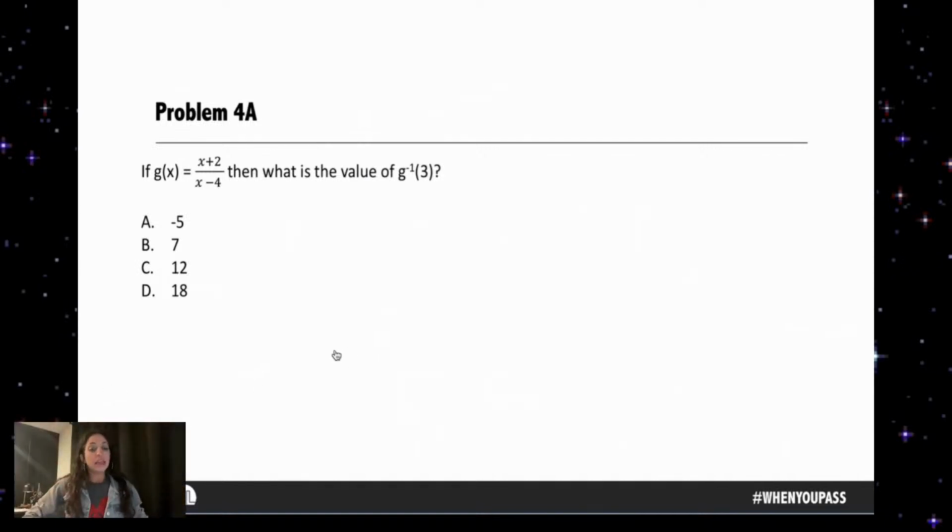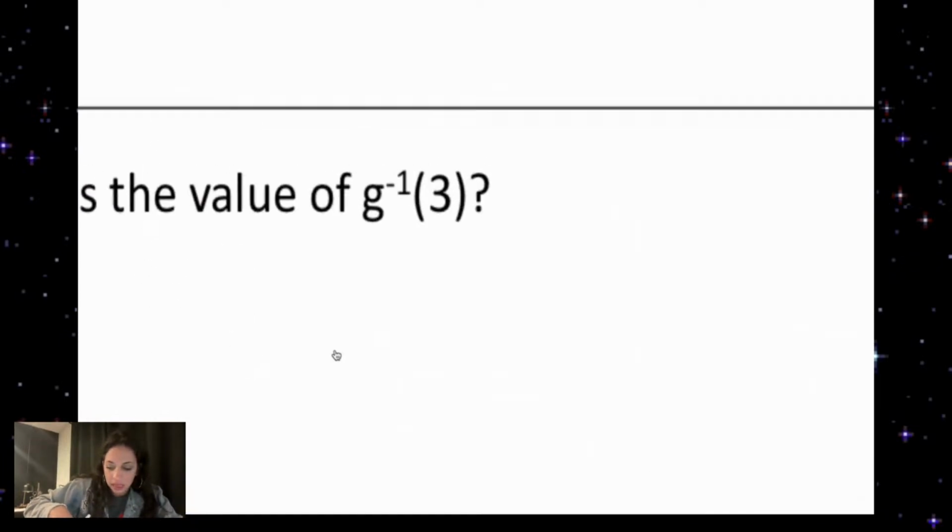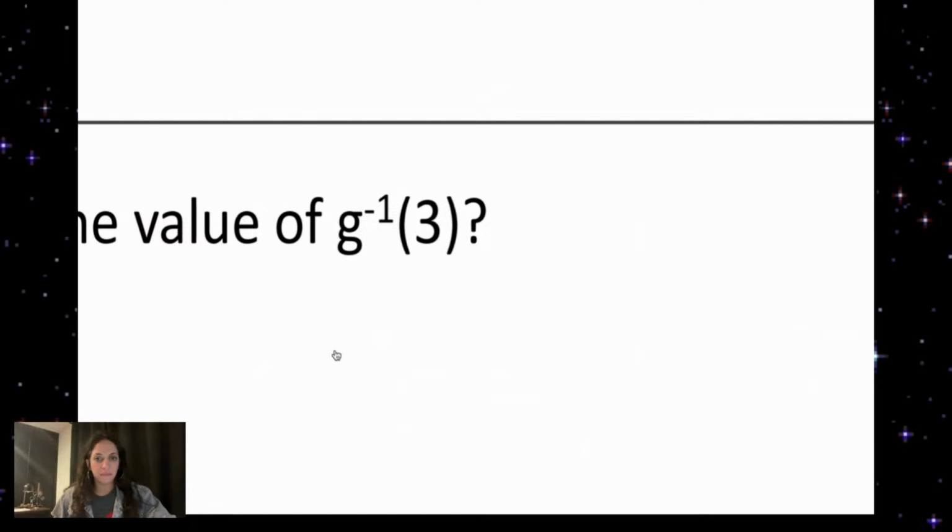All right. This is a really fun problem. Okay. So when we look at this and we see inverse of g, this does not mean we are doing the negative of g.